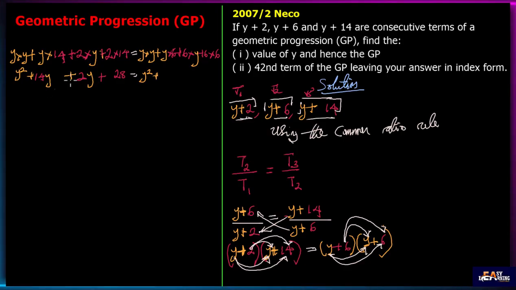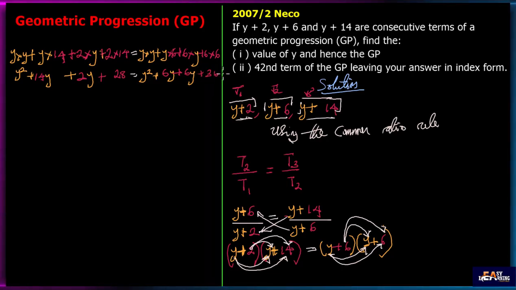That will help. Okay, color for 6, this 6, and write our y. Better. Now 6 times y as well will give us the same 6y, and then 6 times 6 will give us plus 36.